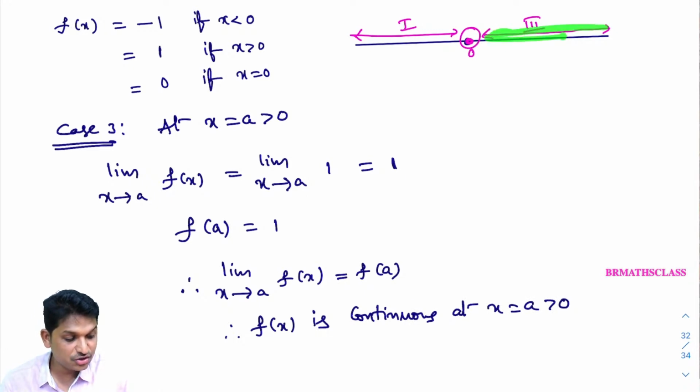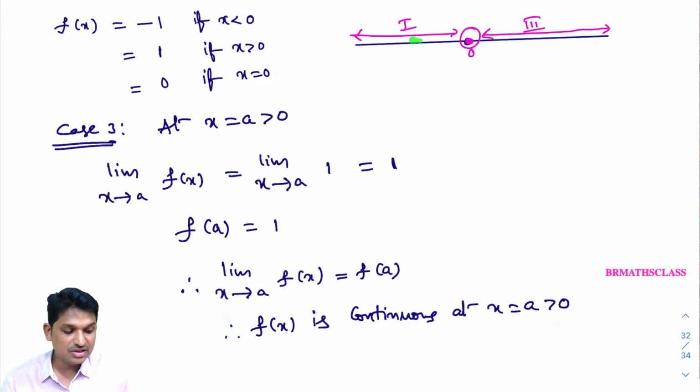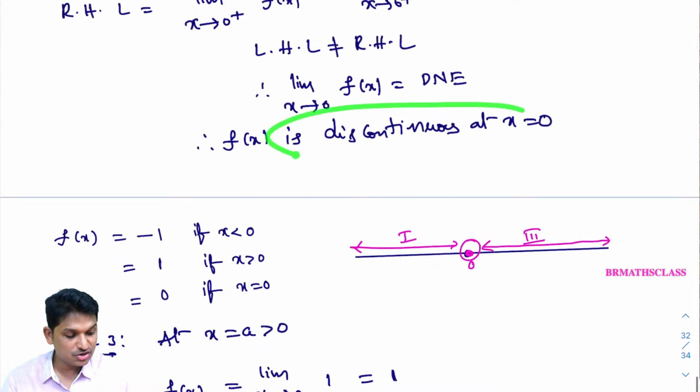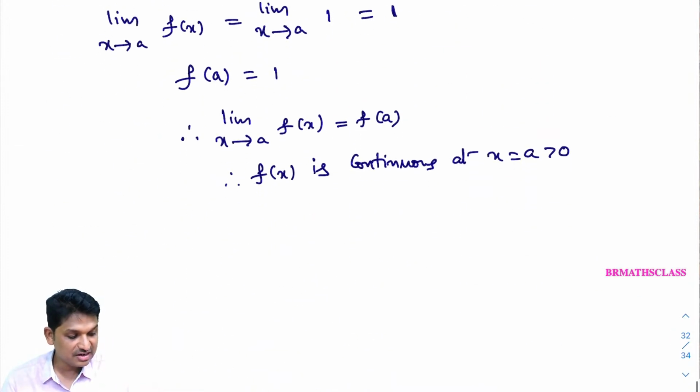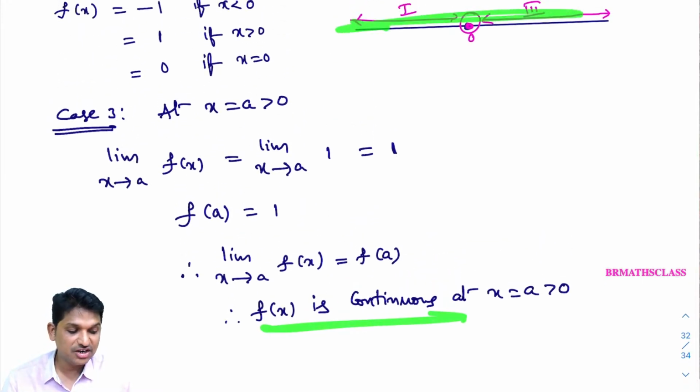So I checked the continuity in this zone also. I got that it is continuous. So case 1 is what? In this zone it is continuous. Case 2, it is discontinuous. Look here, we got it is discontinuous. Case 3, what did I get? In case 3 I got that it is continuous. So I am checking continuity in 3 cases.